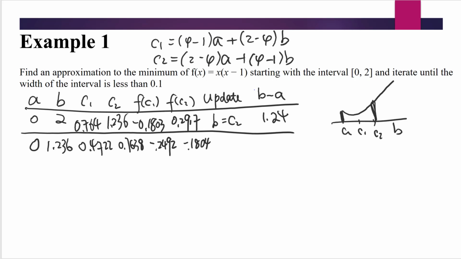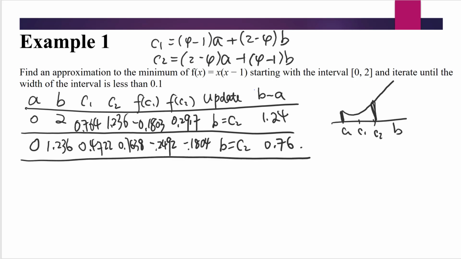So you can see again f(C1) is smaller than f(C2), so we update by assigning the value of C2 to the variable B, and the updated width will be from 0 to C2, which is 0.76.